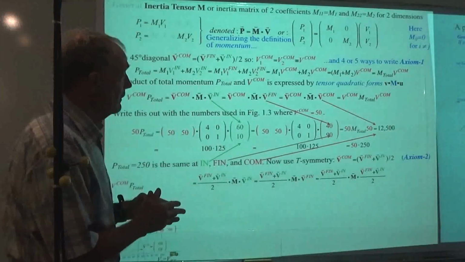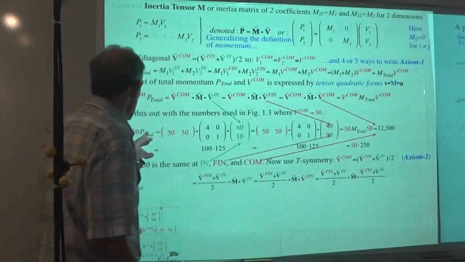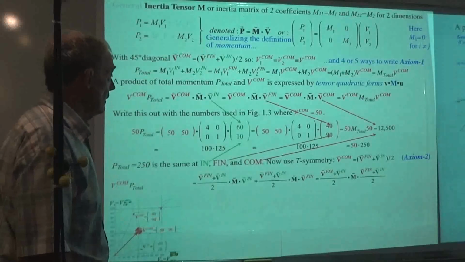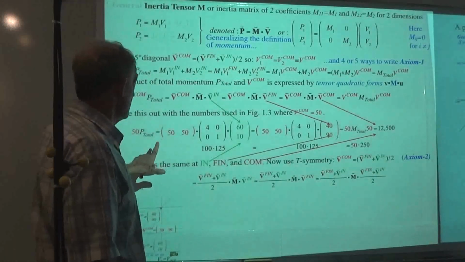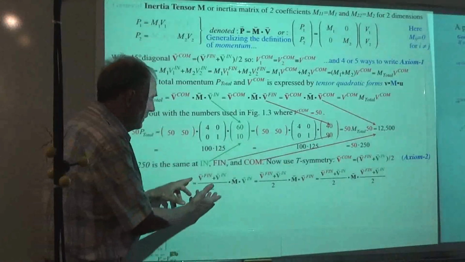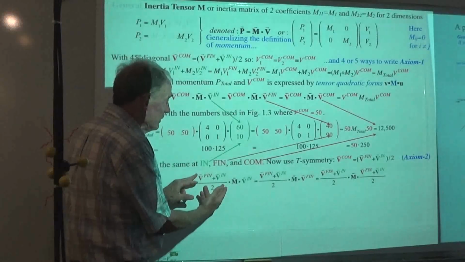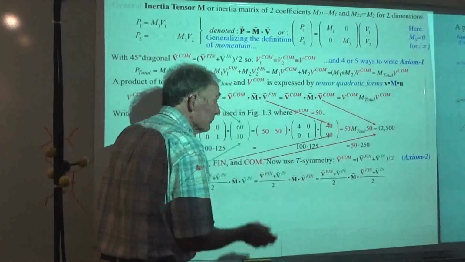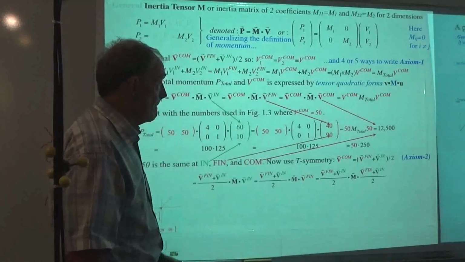So it's the 12,500 is this expression for this axiom, this action right here. So when we write this thing out, this is one way to say wherever I see a VCOM, I'm going to expect the time reversal demands this. This is, I guess, axiom 2 is what a good thing to call it.